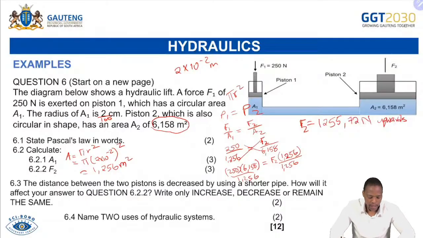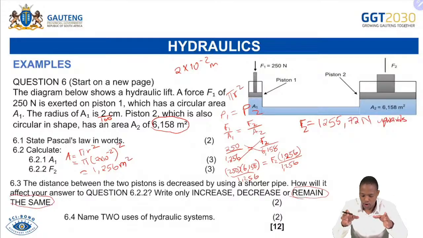Let's look at 6.3 there, which says the distance between the 2 points is decreased by using a shorter pipe. How will it affect your answer in question 6.2.2? Only increase, decrease, or remain the same. The answer there, it will remain the same because the distance between the pistons cannot affect the pressure.